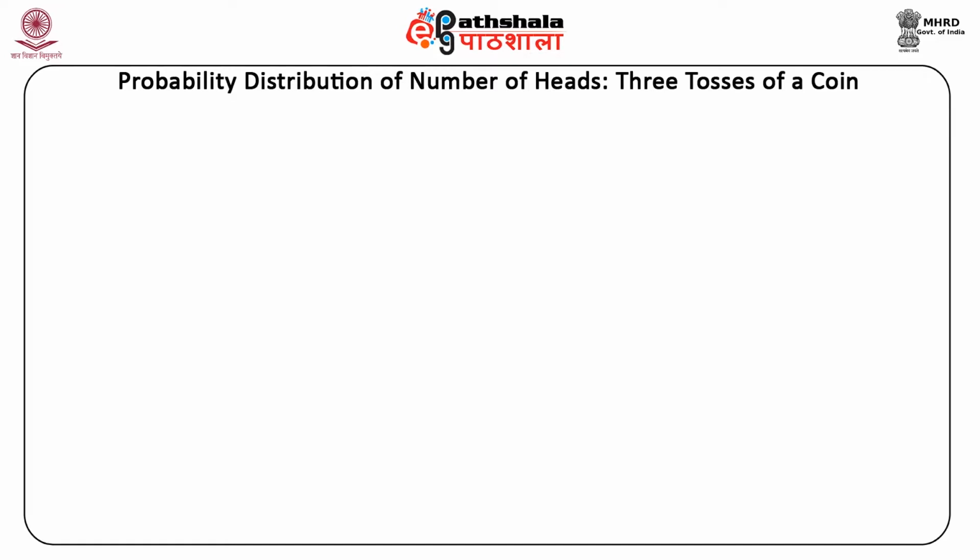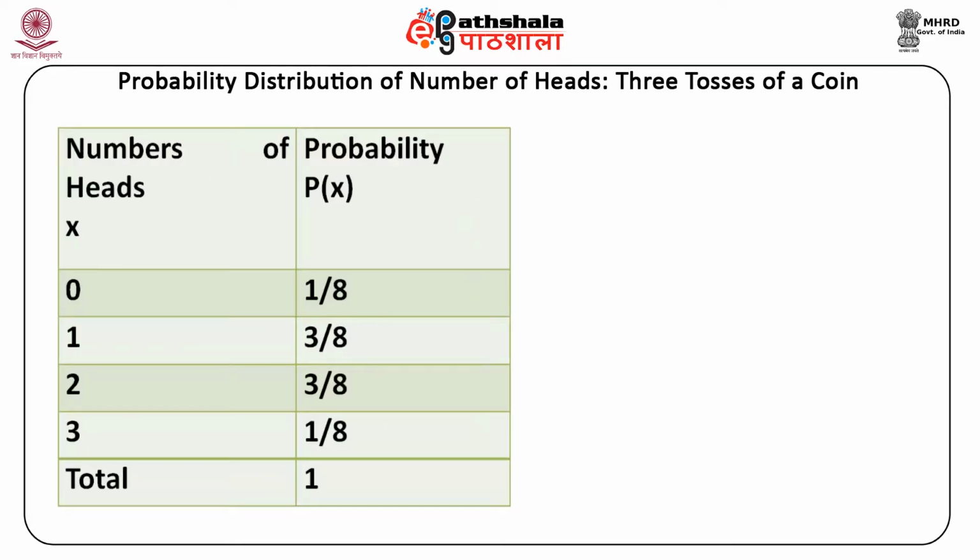A probability distribution may be represented in tabular form, as a graph, or in the form of a mathematical equation. In our example, we have seen that each value of the random variable X has a definite probability. X equal to 0, probability is 1/8. X equal to 1, probability is 3/8.